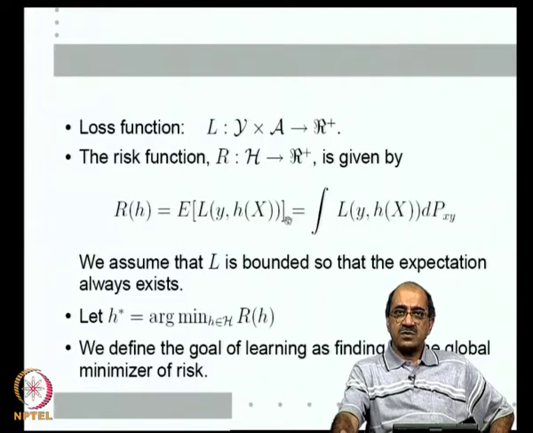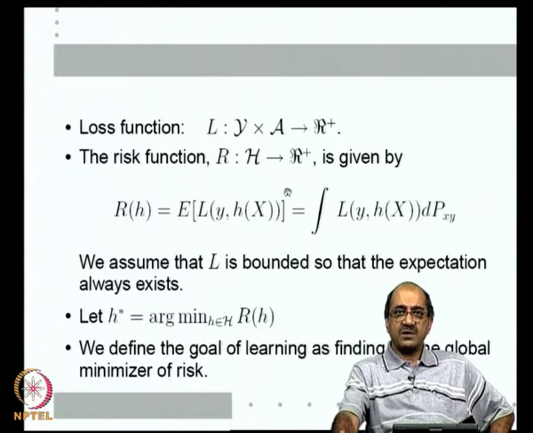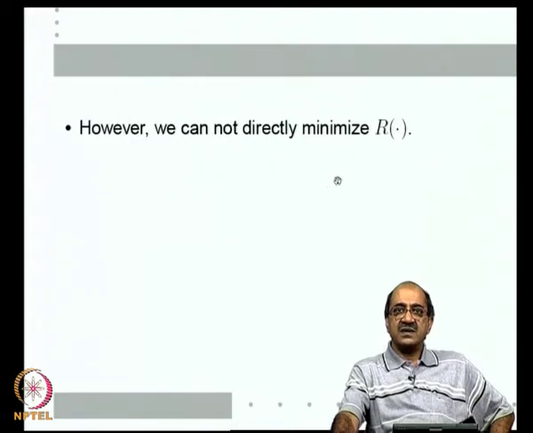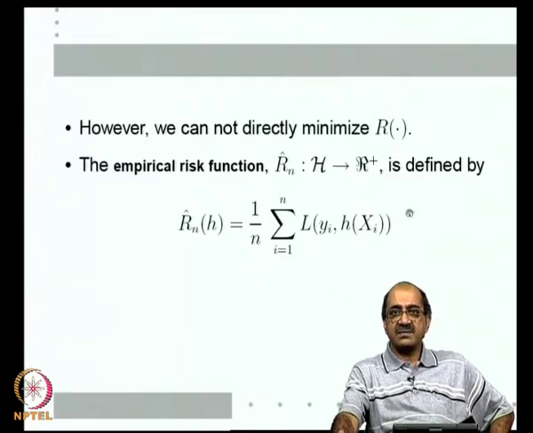This L y h x can be thought of as a random variable, a function of the random vector x comma y. If I want its expectation and I do not know the distribution, I can always approximate it by the sample mean. So, I get samples x i, y i, calculate the value of this function and take the average, and that is what the empirical risk is. So, empirical risk is nothing but the sample mean estimator of the expectation of loss obtained through n IID samples.